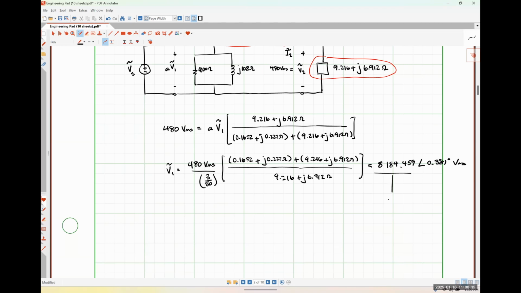So this is the magnitude of V1 that we were looking for.